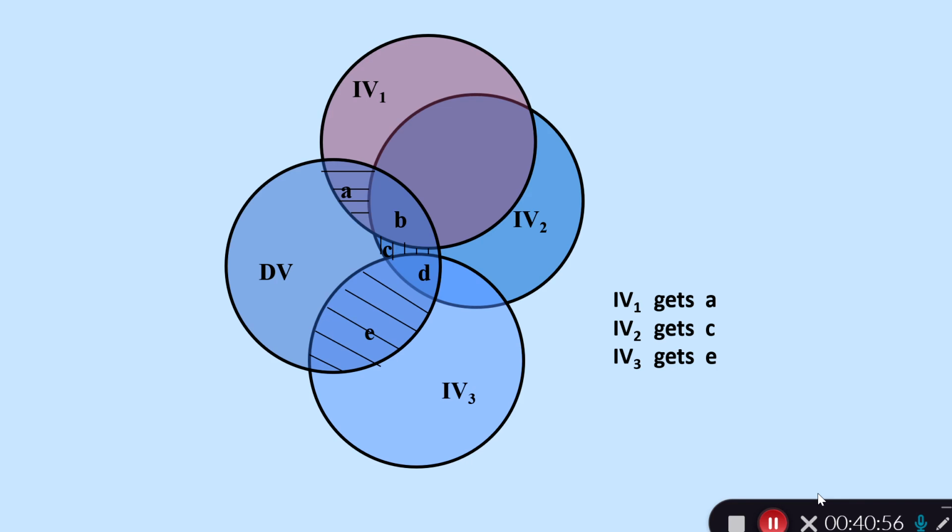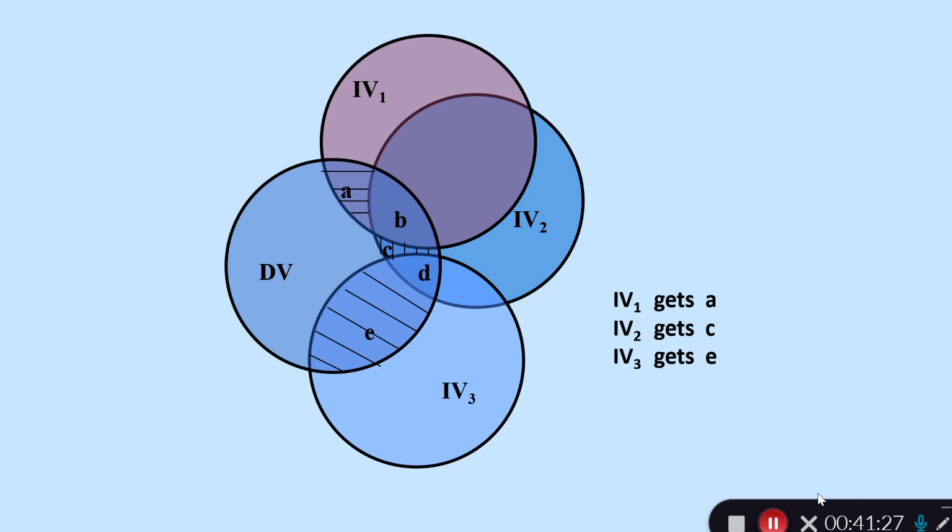IV2 contributes that small area there in the middle called C. So using standard multiple regression, it's only contributing a small amount to the model once we control for, or take into account, what the other independent variables have already explained. And IV3 contributes this area that's labelled with the letter E. Okay, so that's standard regression.